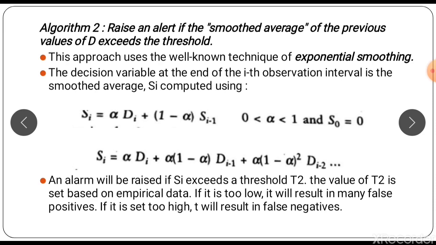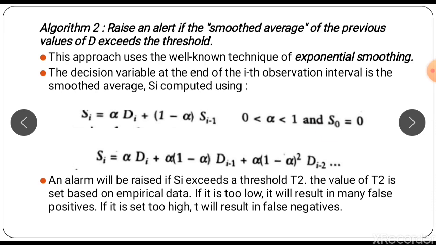This recursive expression for Si can be expressed iteratively by repeating the substitution of S(i minus j) in terms of S(i minus j minus 1).